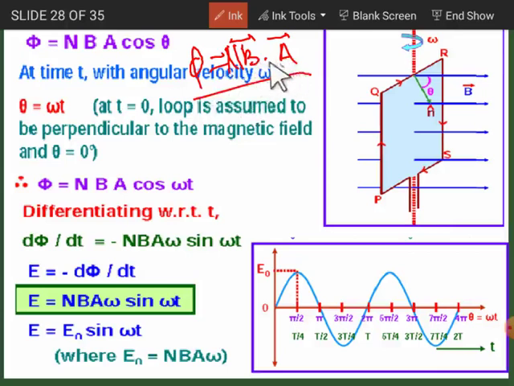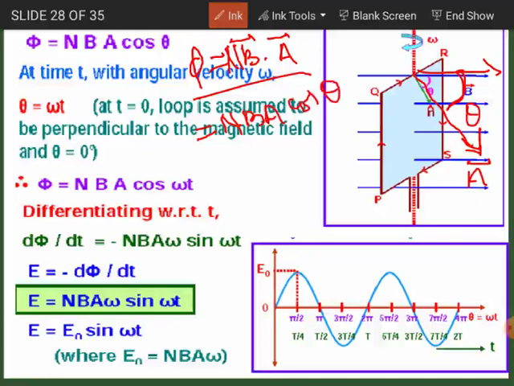So if the angle between this magnetic field B and the normal to the area, which gives you the area vector, is denoted by theta, then B dot A will be equal to N times B A cosine of that angle theta.